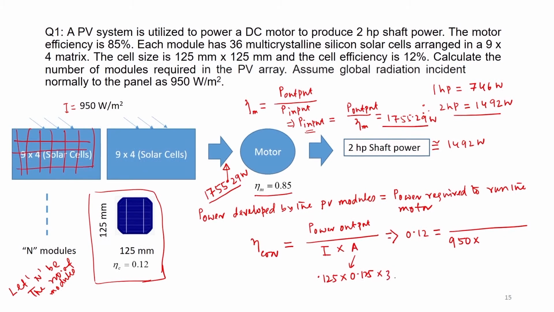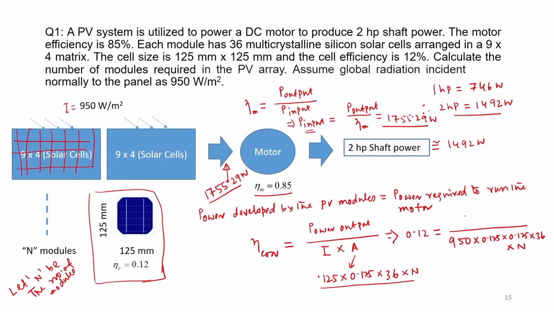So, it will be 36, and we do not know the number of modules required, so let n be the number of modules required. If we substitute the values, we write 0.125 multiplied by 0.125, then 36, and of course we need to multiply with n.